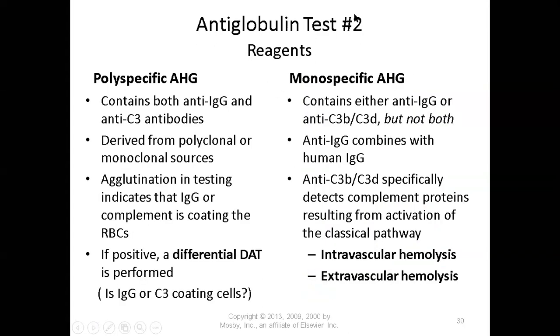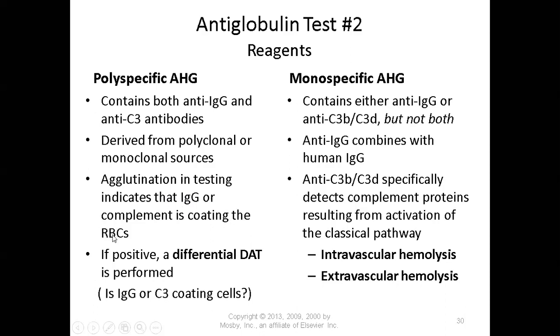Okay, so let's talk about the reagents. Some antiglobulin reagents are considered polyspecific. And you guys know this prefix poly basically means it contains more than one thing. So polyspecific AHG contains both anti-IgG and anti-C3 antibodies. Okay, so it could be derived from polyclonal or monoclonal sources. When we see agglutination in our testing, it indicates that IgG or complement is coating the red cells.